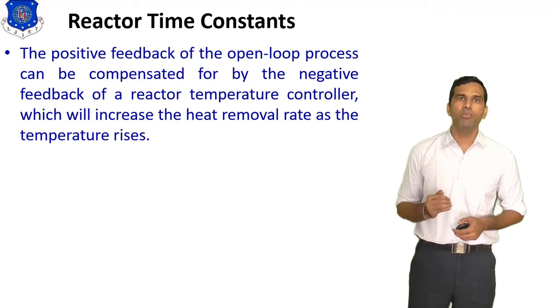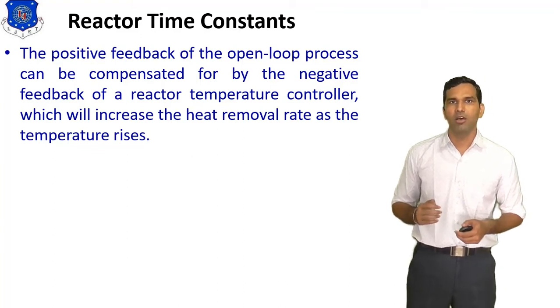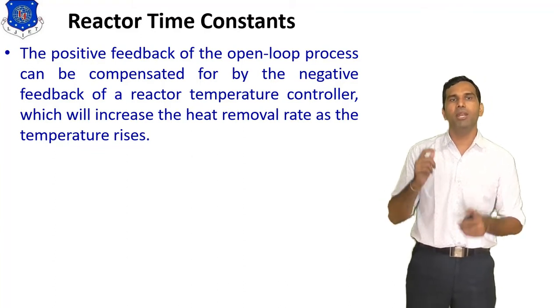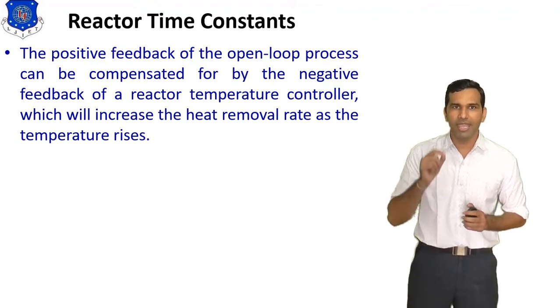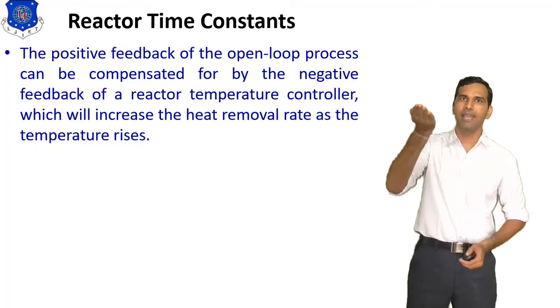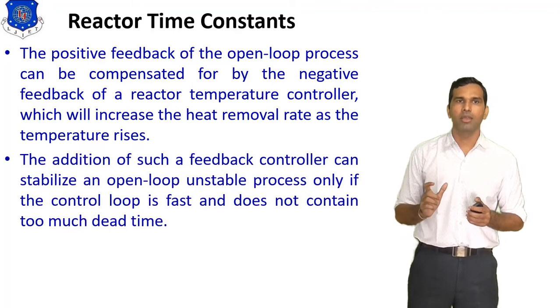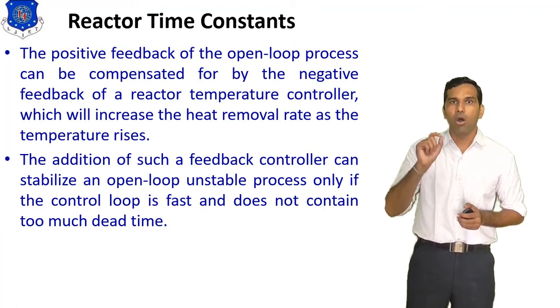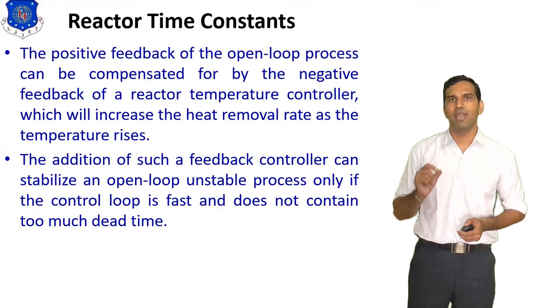The positive feedback of the open loop process can be compensated for by the negative feedback of a reactor temperature controller, which will increase the heat removal rate as the temperature rises. The addition of such feedback control can stabilize an open loop unstable process only if the control loop is fast and does not contain too much dead time.